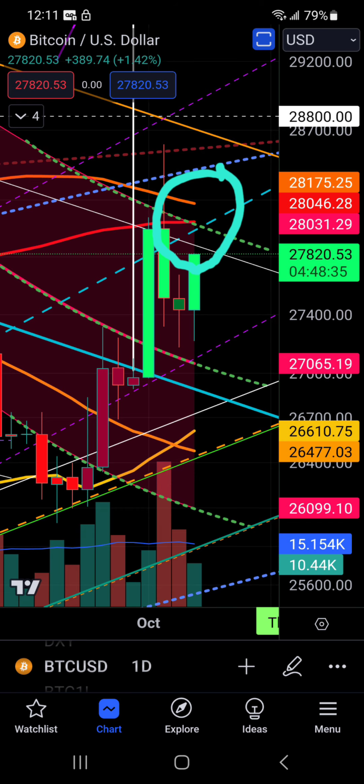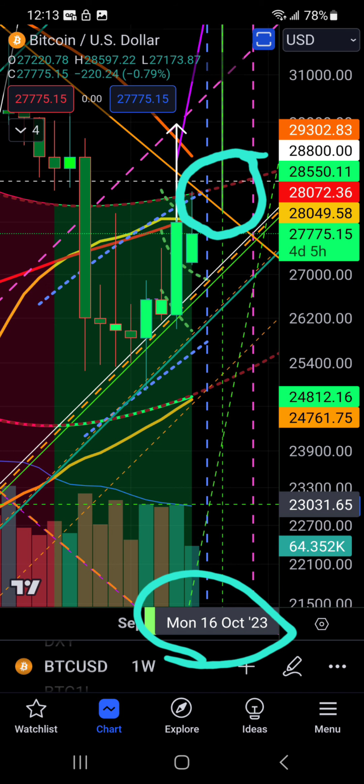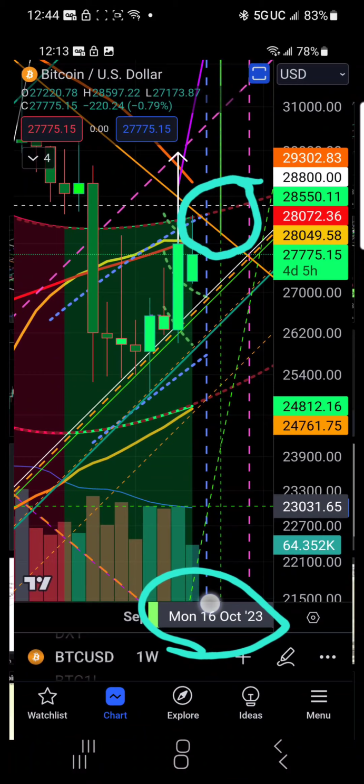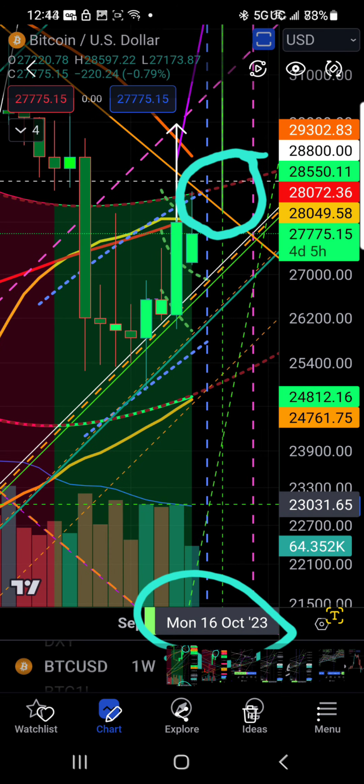Now, this is a picture of the weekly Bitcoin versus US dollar index, and another circle I've drawn. In a couple weeks, the week of Monday, October 16th, you can see down here at the bottom, I have that designated here.